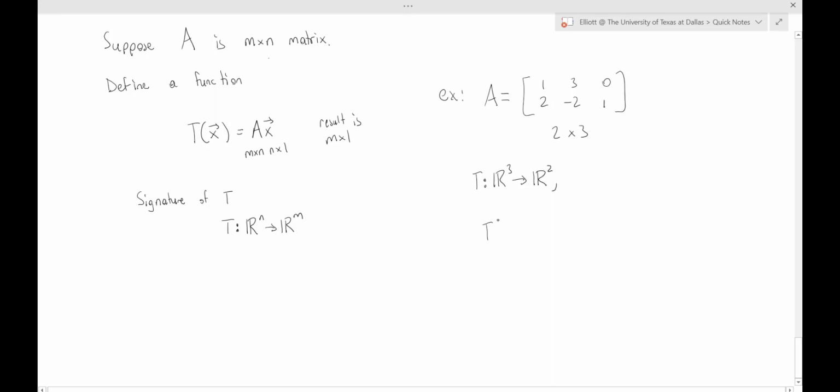So this function is going to take a vector in R3, and it's going to output matrix A times the input vector.